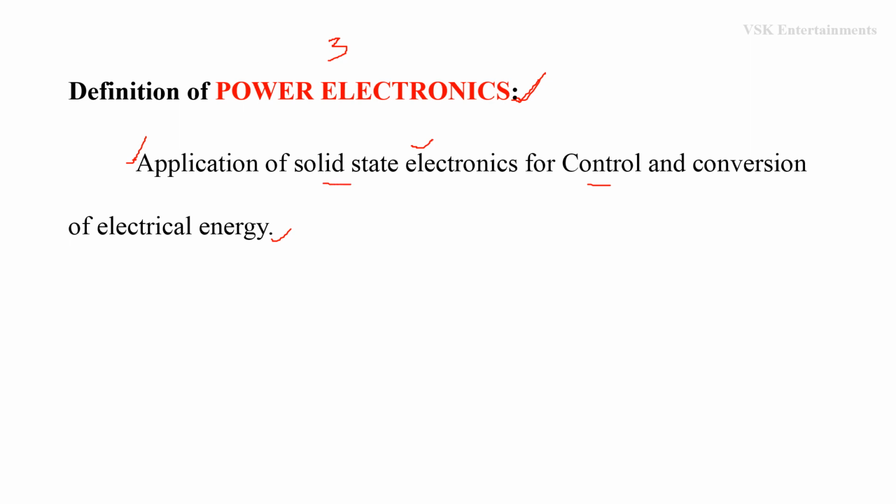Here, solid state electronics comes under electronics engineering, control comes under control engineering, and conversion of electrical energy comes under electrical engineering or power engineering. So this is the definition of power electronics by using the above analysis.